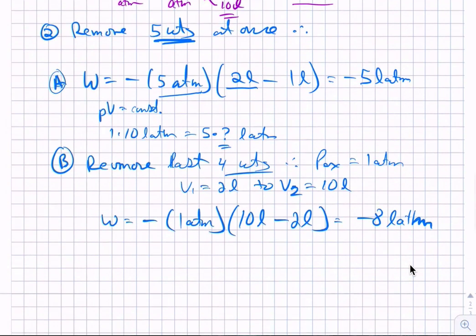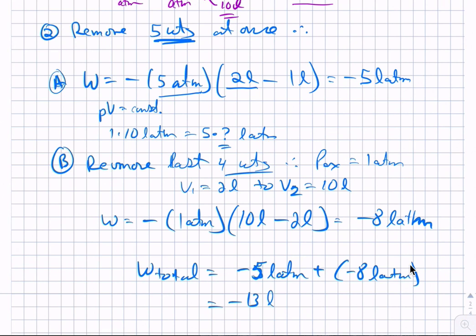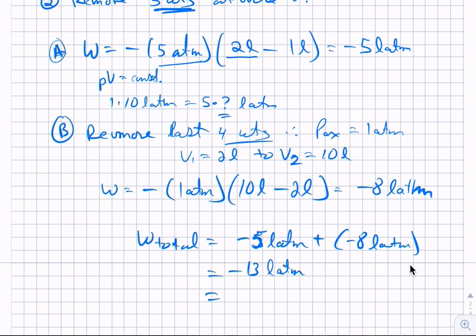So what is the total work for version 2? It's going to be the minus 5 liter atmospheres plus the minus 8 liter atmospheres, which is going to be minus 13 liter atmospheres, which is about minus 1317 joules.